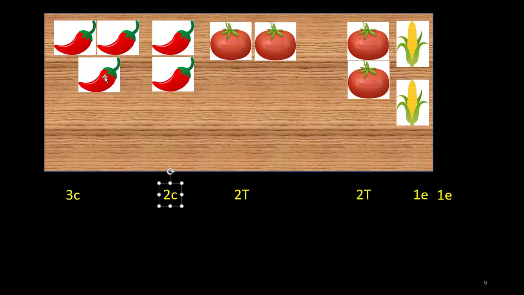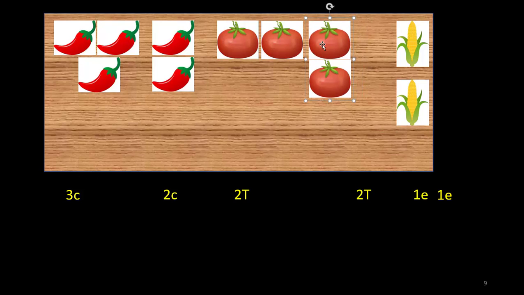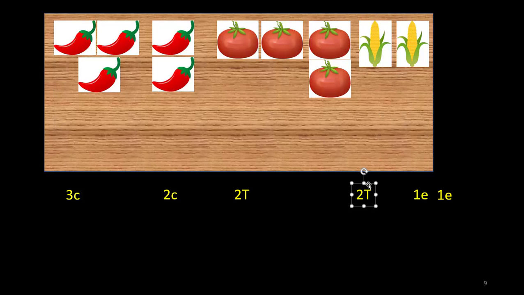Now I have these chilies. I have 3 chilies and 2 chilies. I have 2 tomatoes and 2 more tomatoes. And then I have 1 ear of corn and another ear of corn.